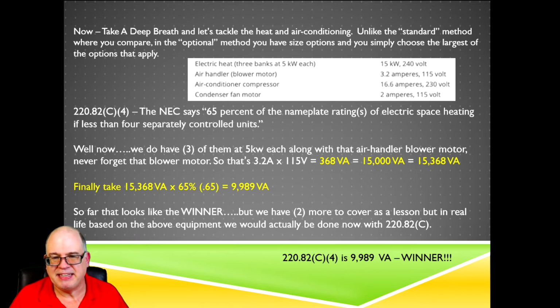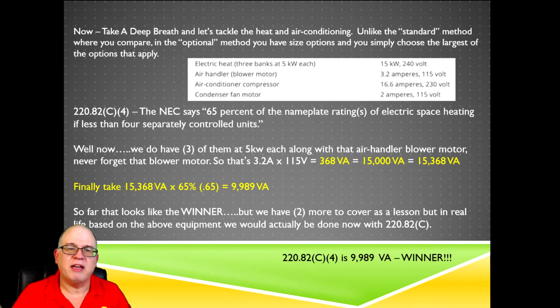Even if I did that, it would be 15,000 times 0.65, and that's still 9,750. And it ain't that big a difference. It's still much greater than the heat pump value or the AC value in that first one we did in C1, which is 4,000 and something. So we're still going to go with this, and this is so far our largest selection, right?